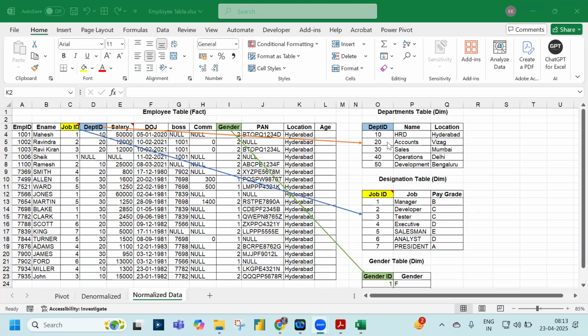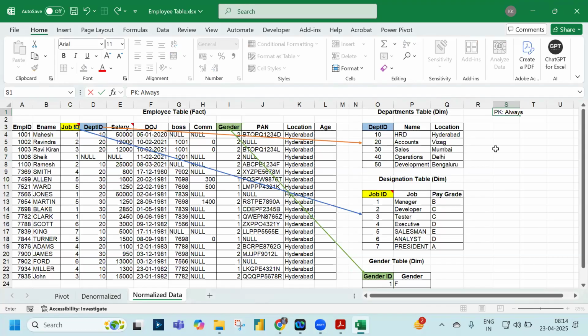If I look at the department ID, each and every department ID is unique and you cannot have any null in this table for the department ID. So what is a primary key? It needs to satisfy two rules: always unique and not null.